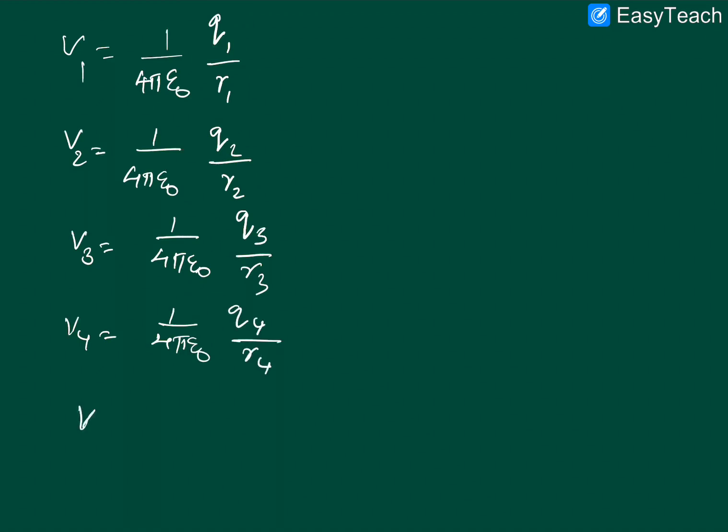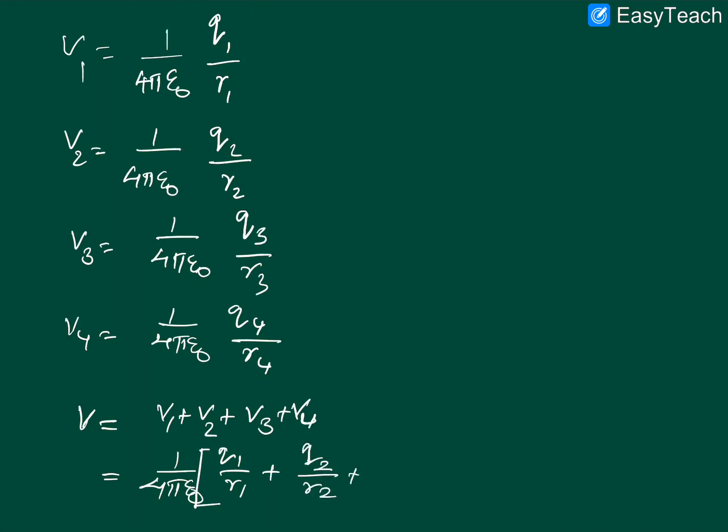So the potential at P due to all the 4 charges is nothing but the sum of individual potentials, that is V1 plus V2 plus V3 plus V4, which is equal to 1 by 4 pi epsilon 0 times Q1 by R1 plus Q2 by R2 plus Q3 by R3 plus Q4 by R4. We can take 1 by 4 pi epsilon 0 common because it is there in all the 4 terms.